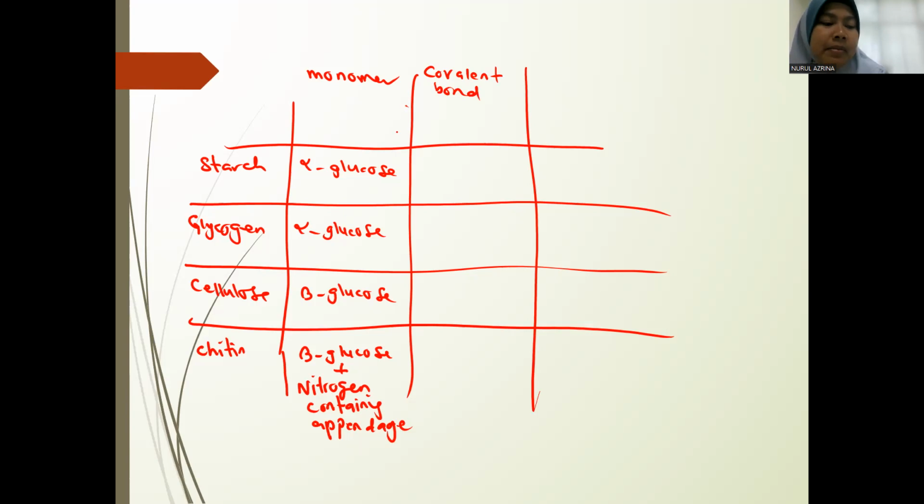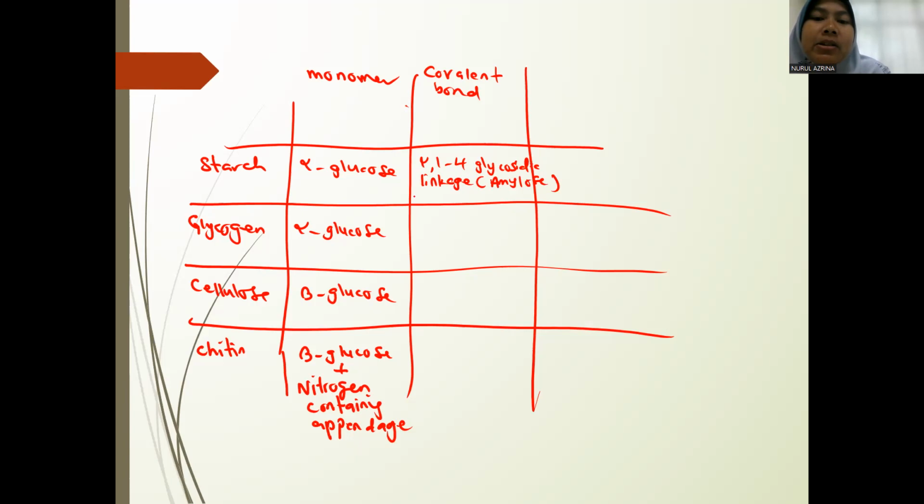Alpha. Okay. Alpha 1,4 glycosidic linkage. Okay, alpha 1,4 glycosidic linkage is for amylose. Sebab starch ada dua bentuk kan, amylose dengan amylopectin.